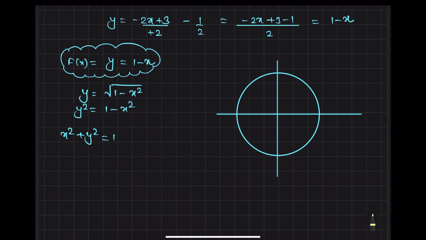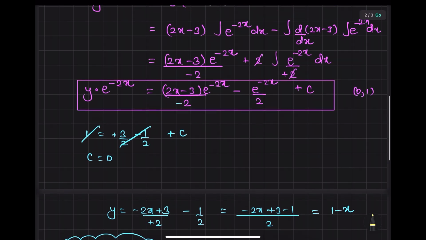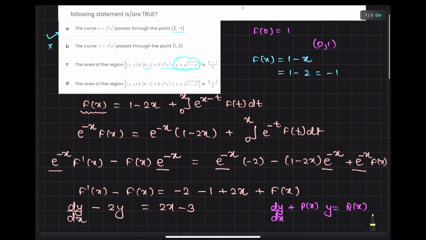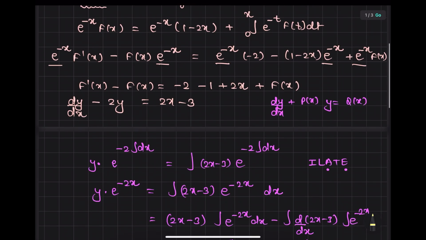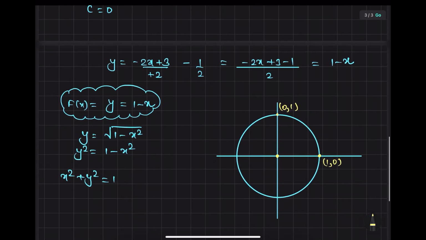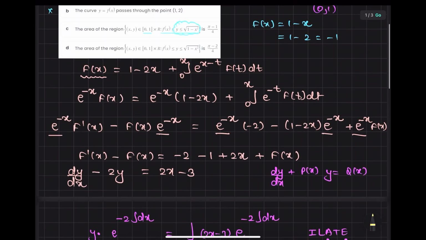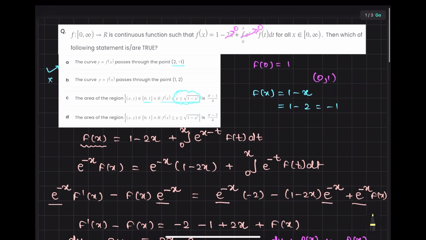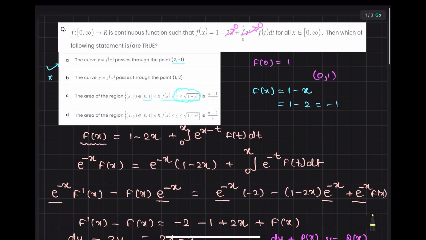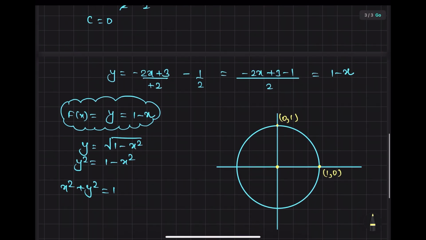Now, this is the circle with center 0 comma 0. This is 1 comma 0. This is 0 comma 1. Now look at this. We have to find from 0 to 1, so in the first quadrant we have to calculate. Then we have a root, which will squeeze the graph, that's it.